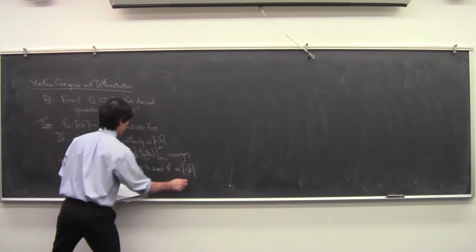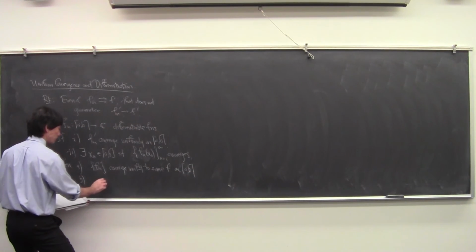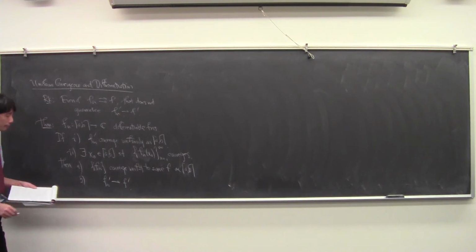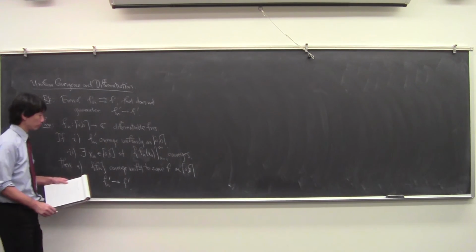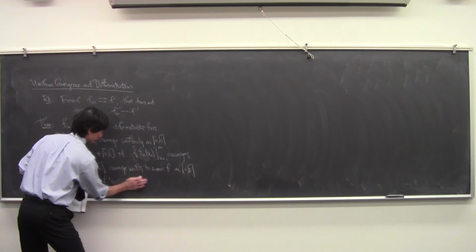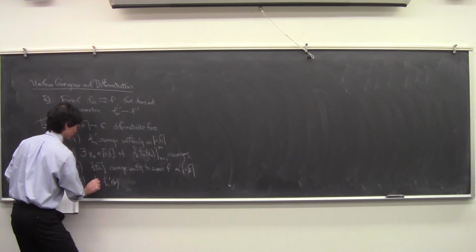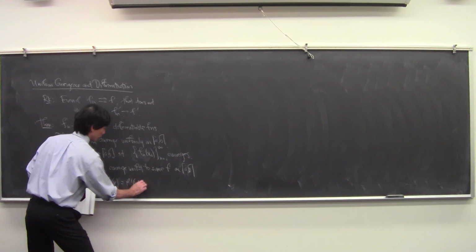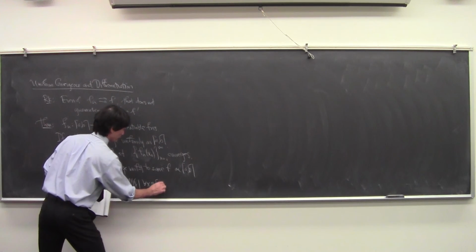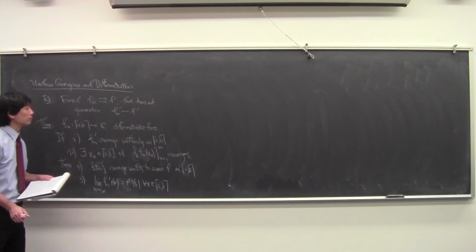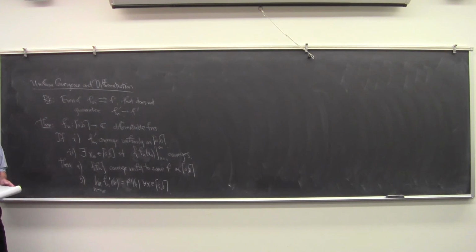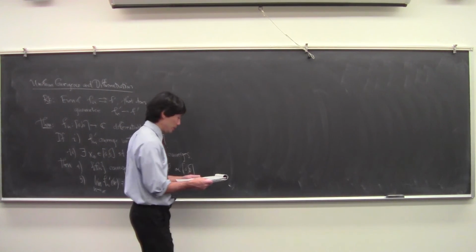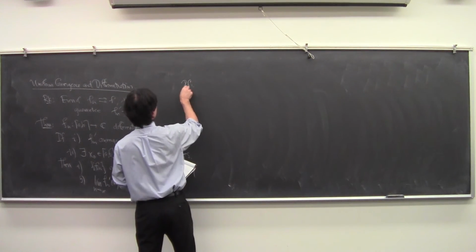And that the limit of the derivatives is the derivative of the limit. And we didn't prove the whole thing in class, so I'm just going to prove the first part of this.